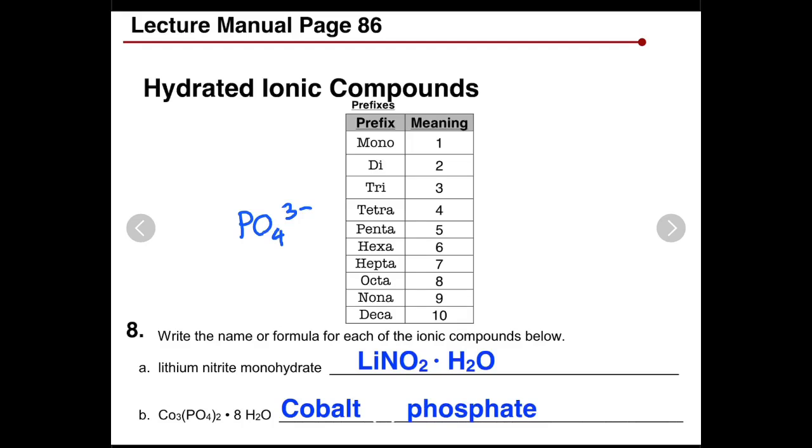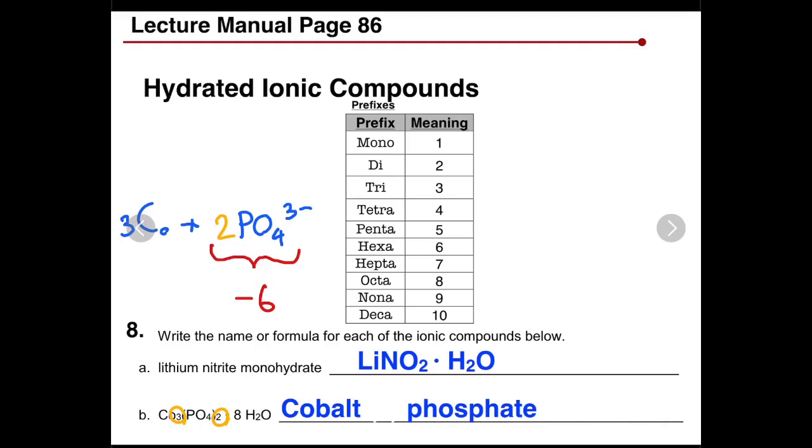Note that this chemical formula contains 2 phosphate, so each phosphate is 3 minus, and 2 of them would be -6.